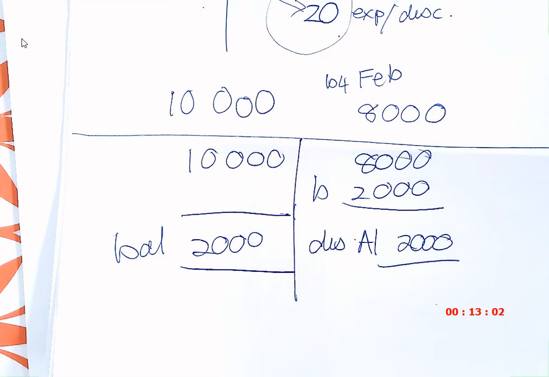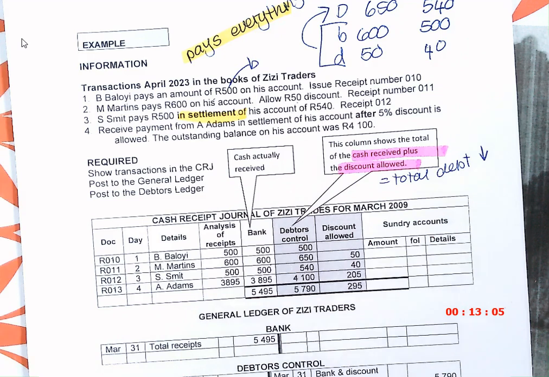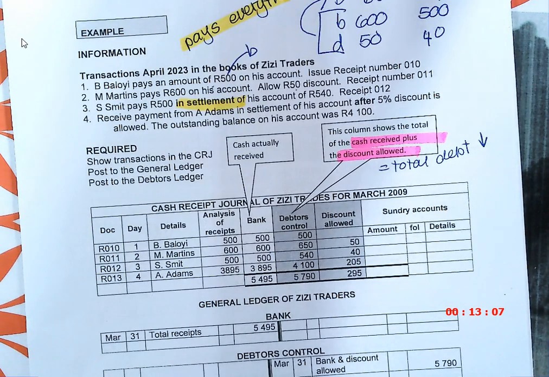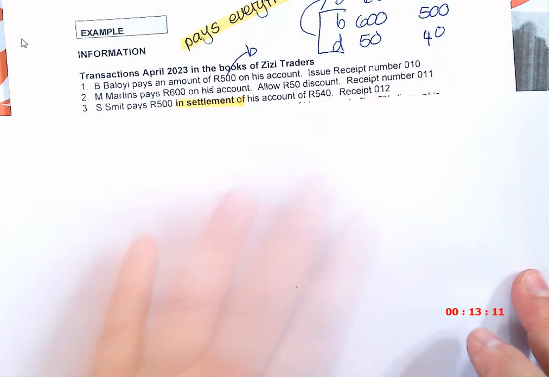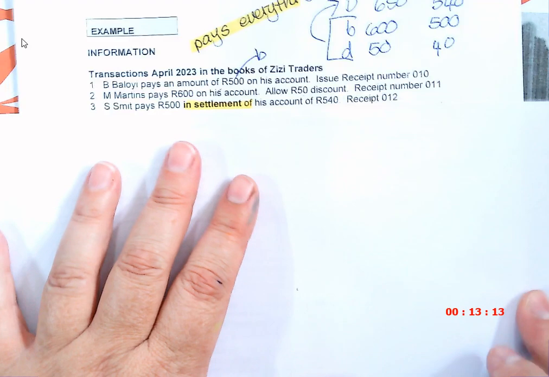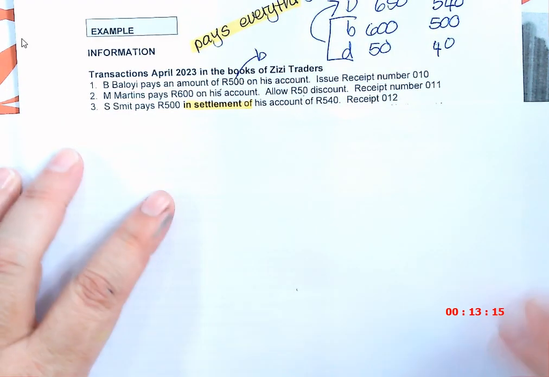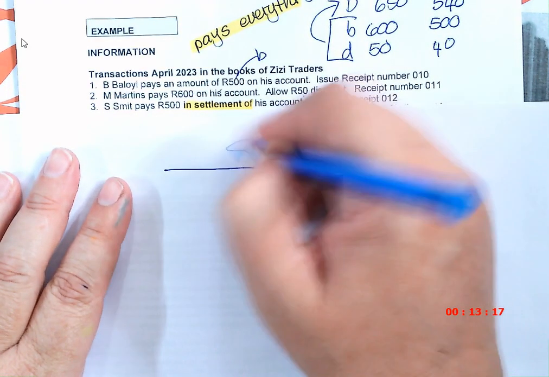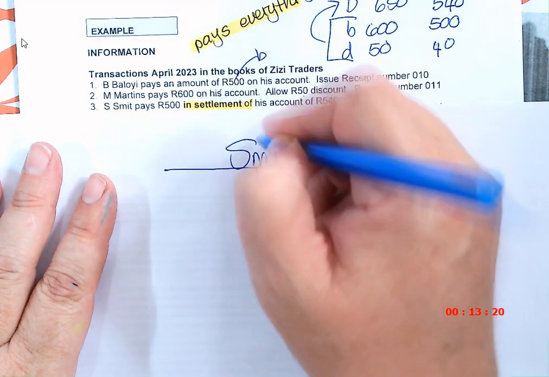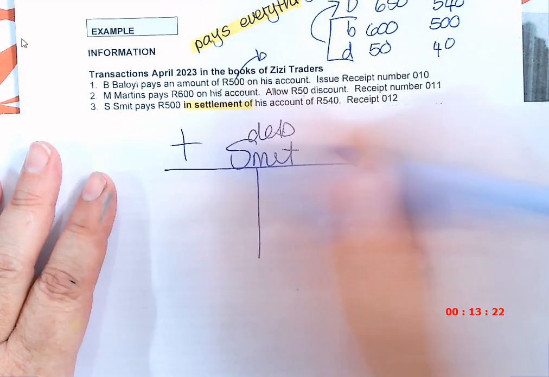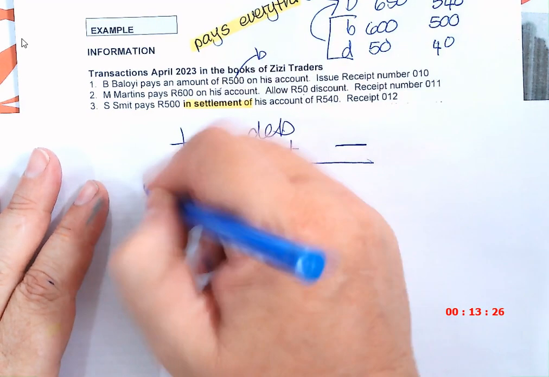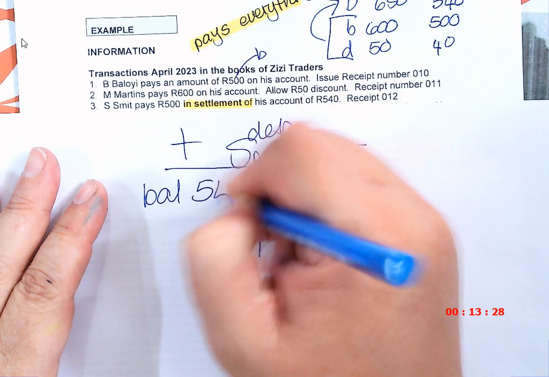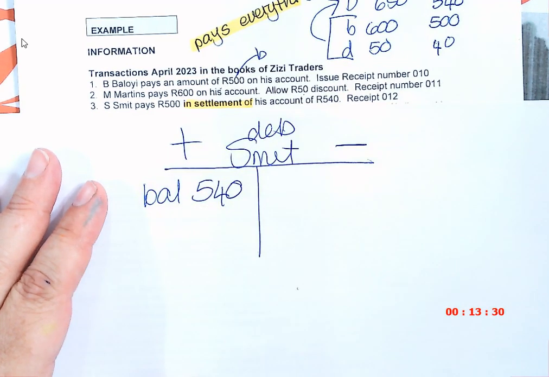Okay? So if they say, for instance, let me just see this one. Let's look at Smith. If I look at Smith, I'm going to do Smith as a T. You know I can do Smith as a T because he's a debtor. So I follow the principles of a debtor's control. And Smith has got a balance of 540.